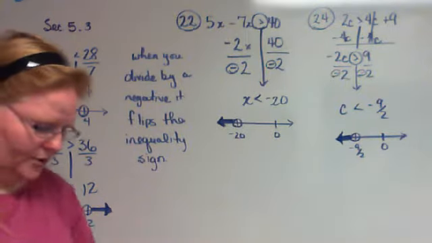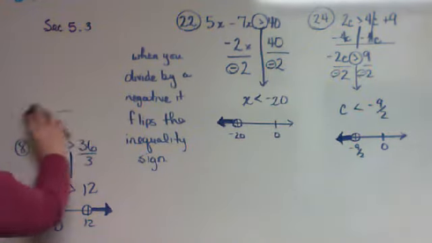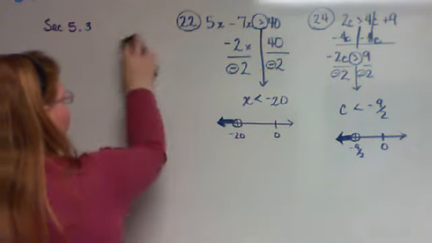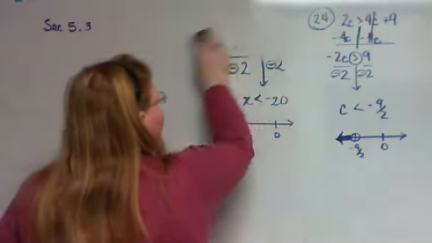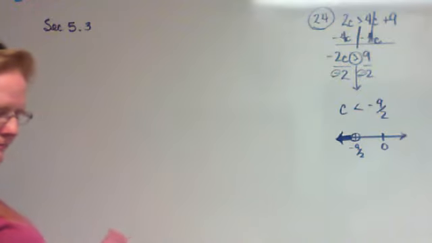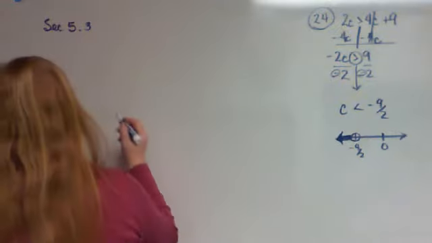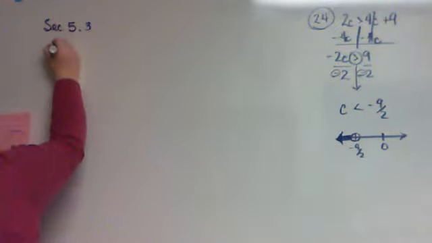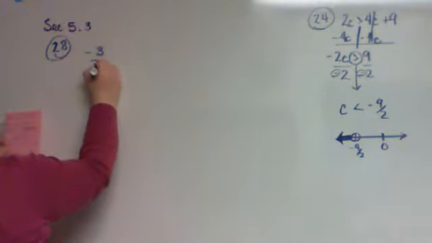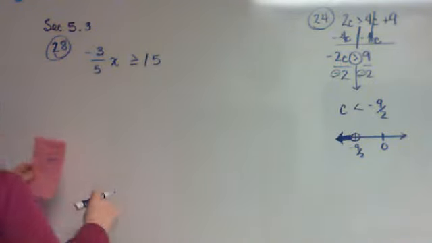Two more I want to try. Number 28, negative 3 over 5x is greater than or equal to 15.